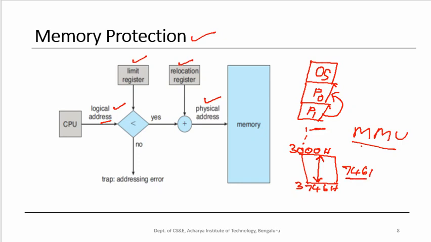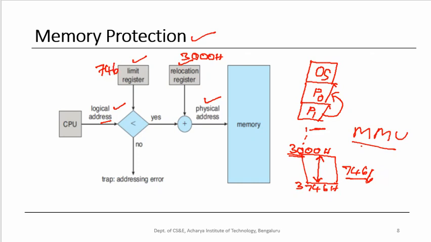So this can also be called the offset from the beginning of the memory segment. What is stored in the relocation register is this 3000H, which can also be called the base address of this memory segment. And what is stored in the limit register is this 746.